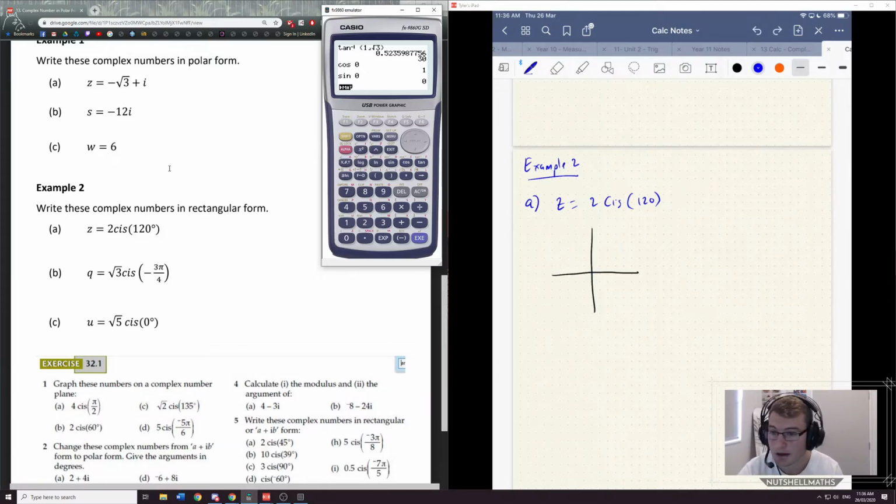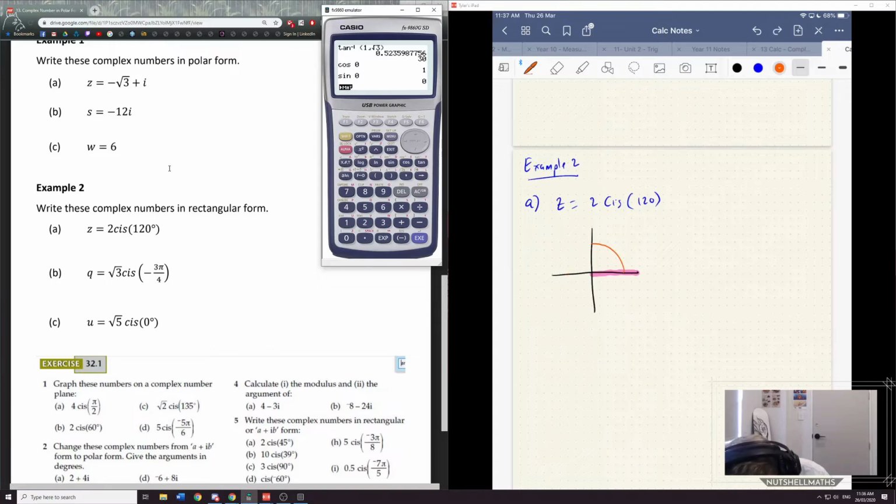Now, 120 degrees is the angle I've turned through from this axis. If I turned this far, I would have 90, and if I turned all the way to here, I'd have 180.